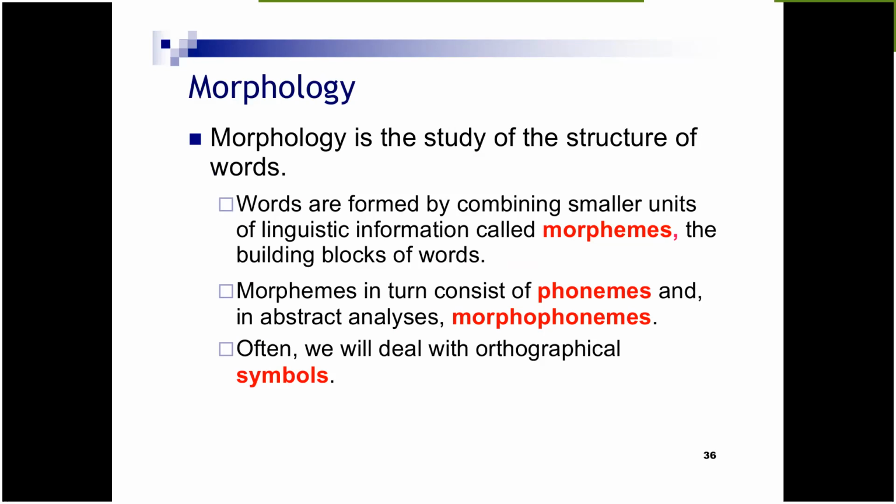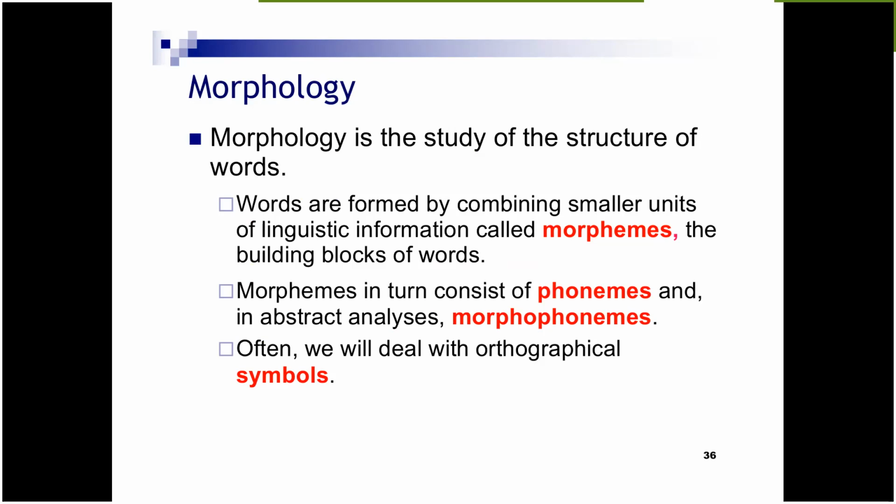So when we talk about morphology, we are basically talking about the structure of words, and we need to make note of some terminologies that are used there. So the smallest units that you can find in a word are called morphemes. Morphemes are basically the units that make the morphology of the word.